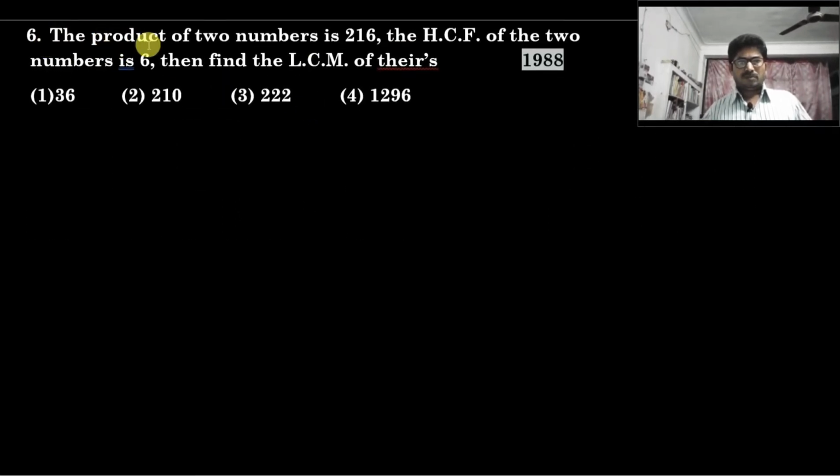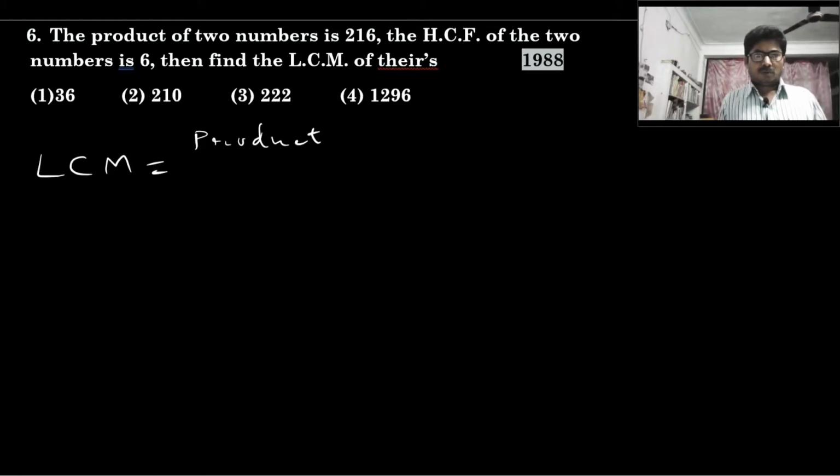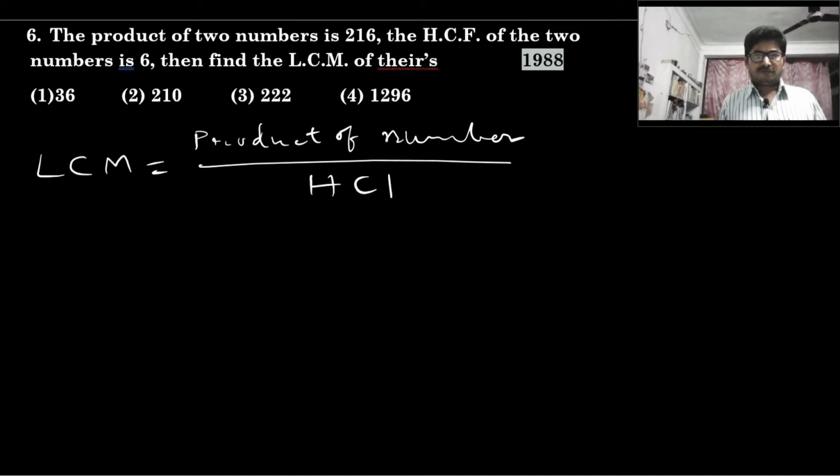Sixth one, the product of two numbers is 216. The HCF of the two numbers is 6. Then find the LCM of theirs. So we already did a problem like this. LCM of two numbers is equal to the product of the two numbers divided by HCF.